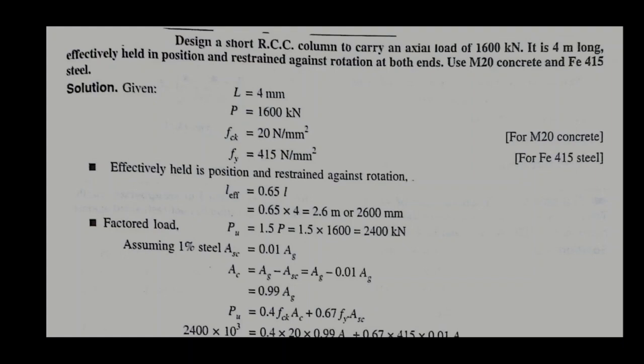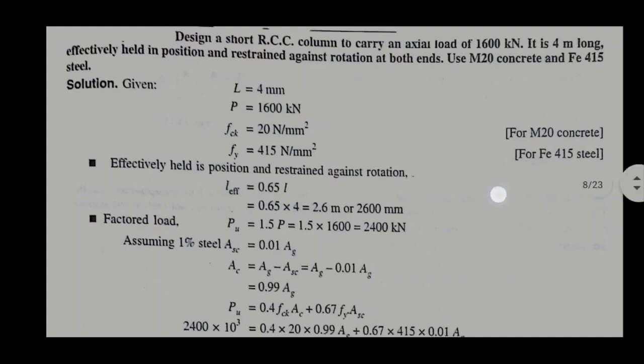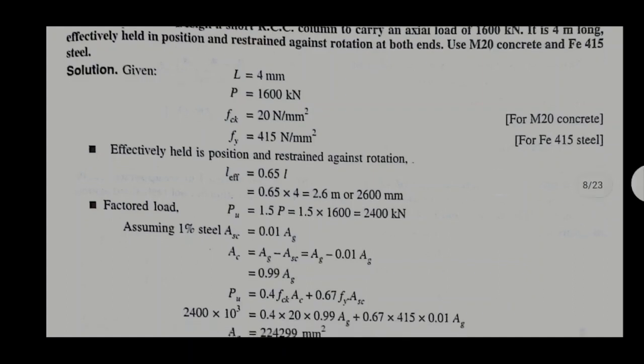So that is equal to 0.99 Ag. So area of concrete is 0.99 Ag. So Pu is equal to, we know the formula, 0.4 fck Ac plus 0.67 fy Asc. This formula is as per clause number 39.3.